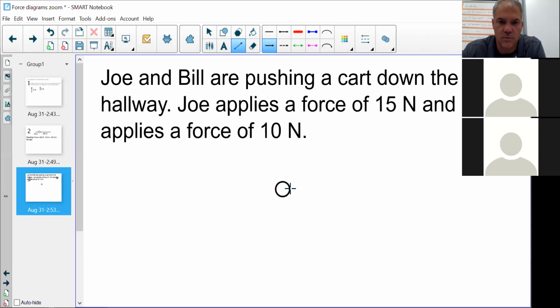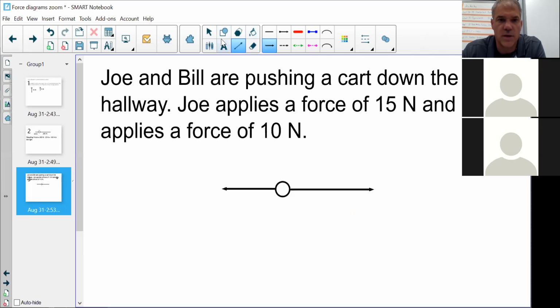So, you think we're going to take an arrow here and then an arrow here, right? And that shows 2 people pushing a cart down the hall? Oh, no. No. What do we have to do, Jared? Flip them around. Yeah, so they've got to be going the same direction.